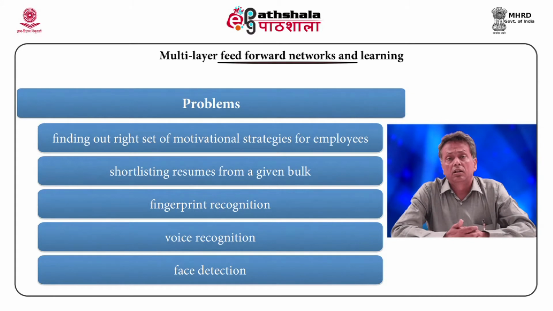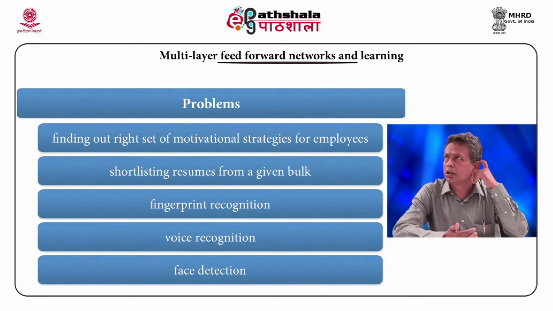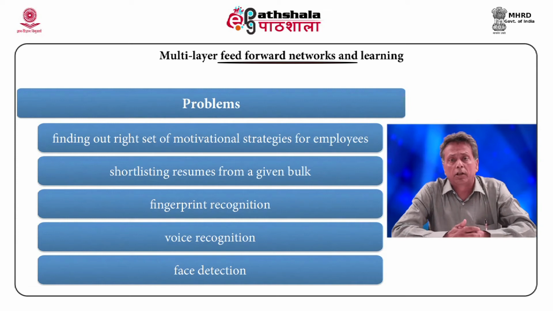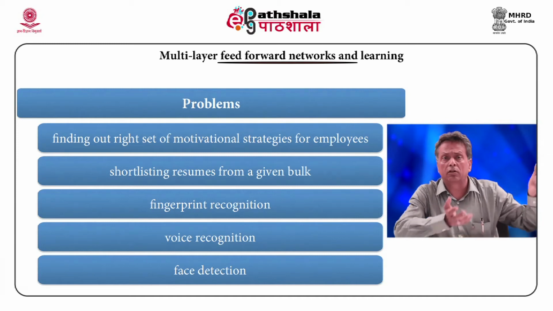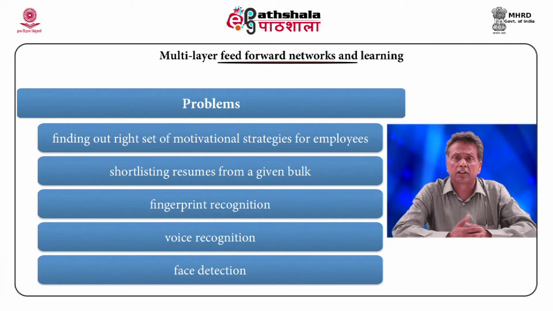The other example, which one of my students did in his project, is he was working for a place where a lot of resumes flowed in daily. It's a huge company, and a lot of resumes used to come, and they had a huge bunch of experts to look at those resumes and shortlist them for further processing, and that was very time consuming. So he wrote a neural network based program.